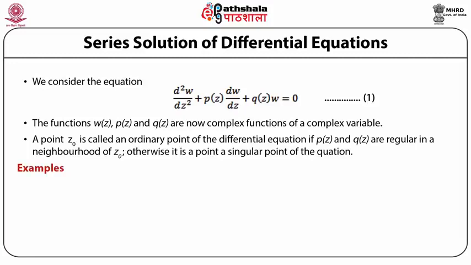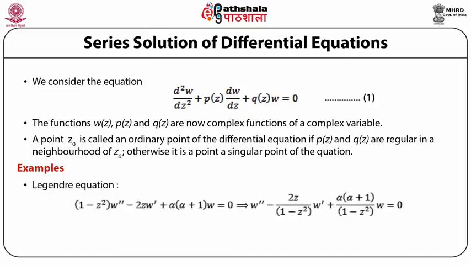Now we consider some examples. Firstly, consider the Legendre equation given by (1 − z²) w'' − 2z w' + α(α+1) w = 0. The equation may be rearranged as follows: w'' − 2z w'/(1 − z²) + α(α+1) w/(1 − z²) = 0.